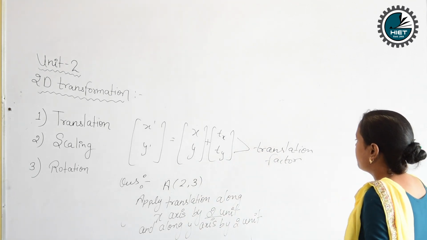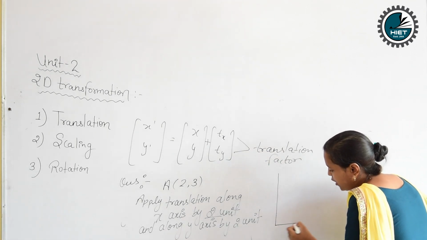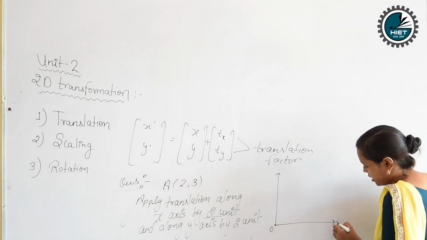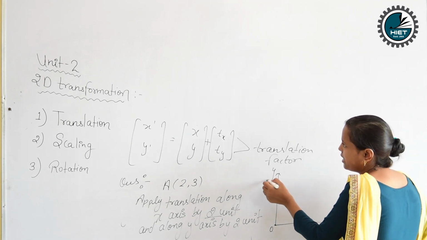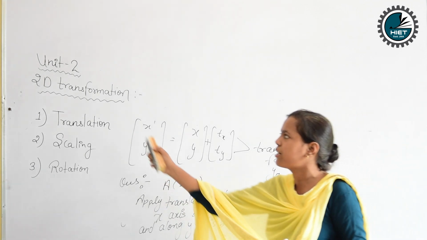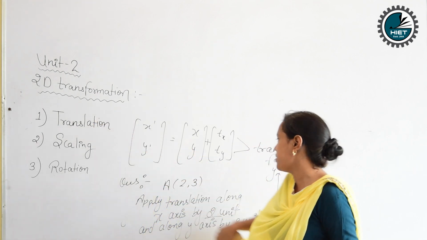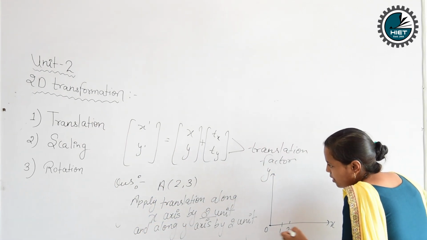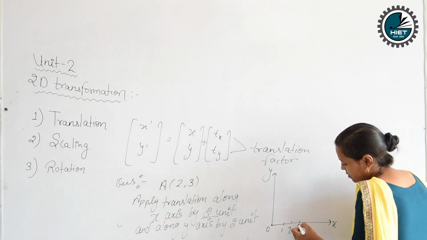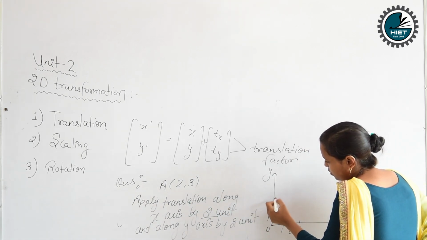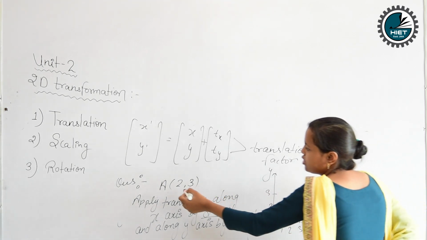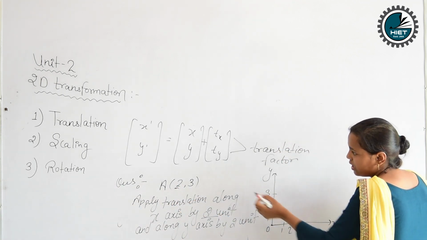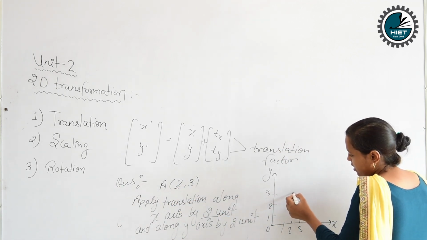Okay, so we are drawing a diagram. Suppose that this is the origin, this is the x direction and this is the y direction, because we are talking about 2D transformation. If we draw the diagram of point 2, 3: x is 2 along the x direction, and y is 3.